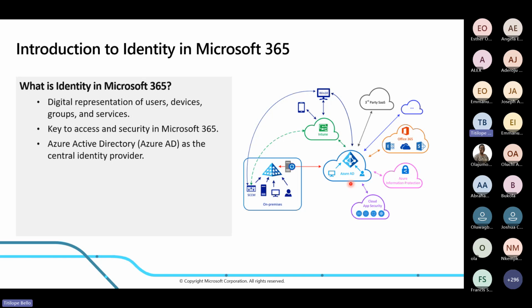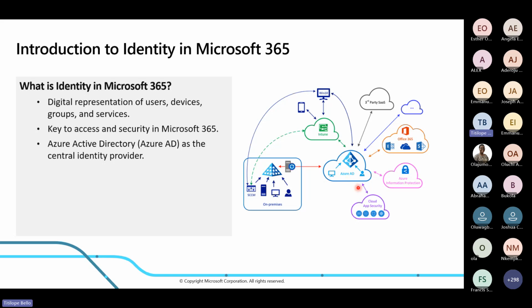Likewise, if you go to the cloud using Microsoft 365, for instance, everyone that creates a tenant, whether you set up a tenant to manage Intune, Office 365, Azure Information Protection, or even Azure itself, there is an underlying identity platform that is created for you. That is called Azure AD.